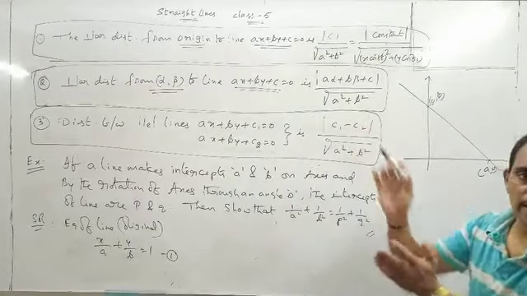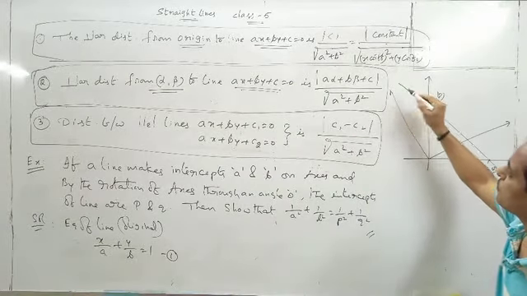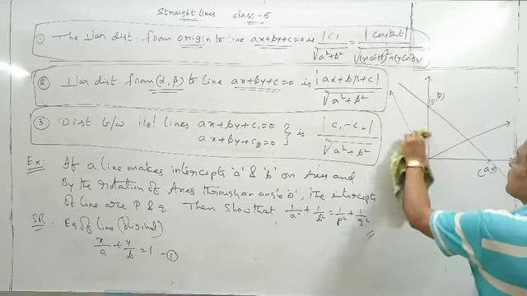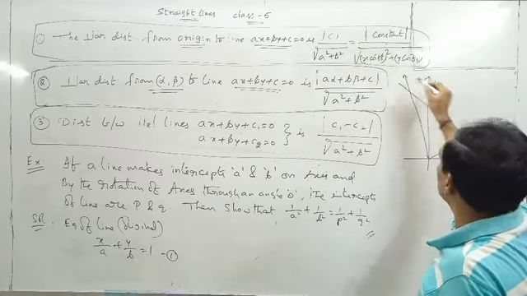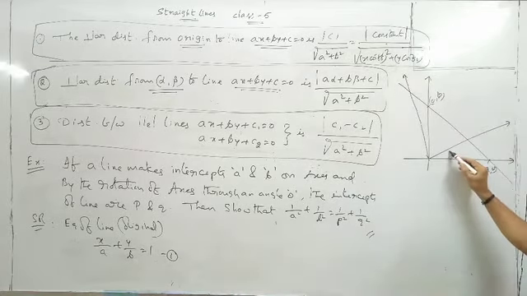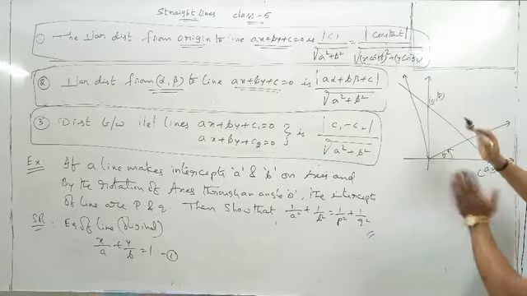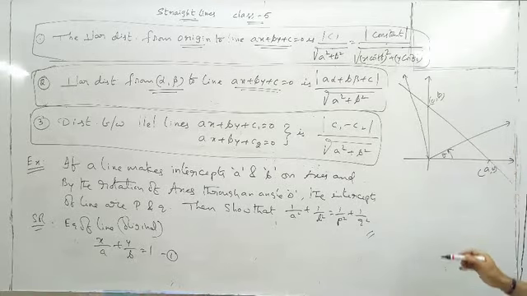Now the axes rotate through an angle theta. So this will be the angle of rotation. The line is the same, the line has not moved. The axes rotate through an angle theta.